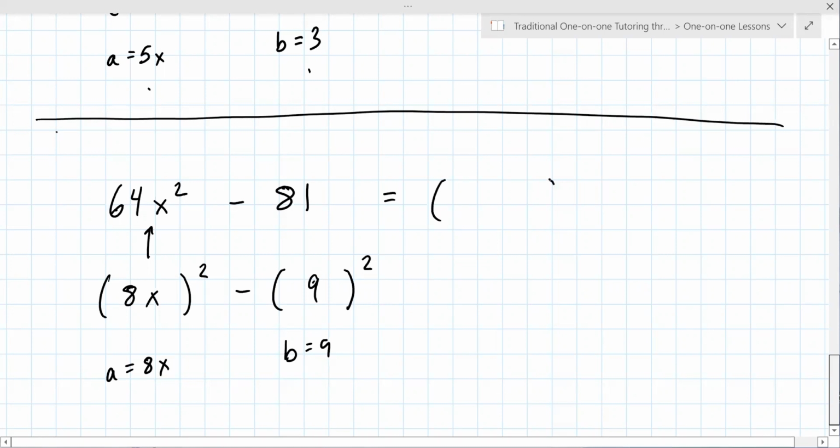Now you're going to write A minus B, A plus B. 8x minus 9. And then 8x plus 9. Yes, very good. Go ahead and get this down.